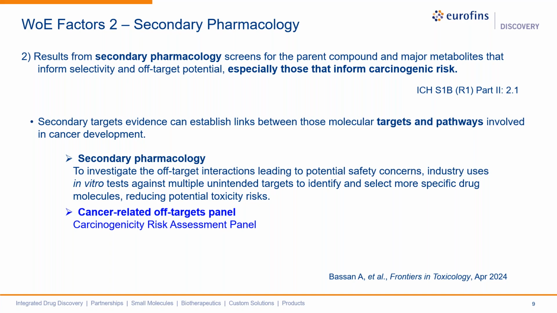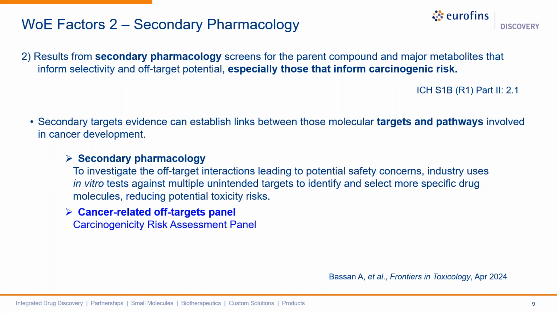Secondary pharmacology is a crucial weight of evidence factor. It involves screening both the parent compounds and the major metabolites to understand their selectivity and off-target effects. This off-target effect assessment operates on two key principles.